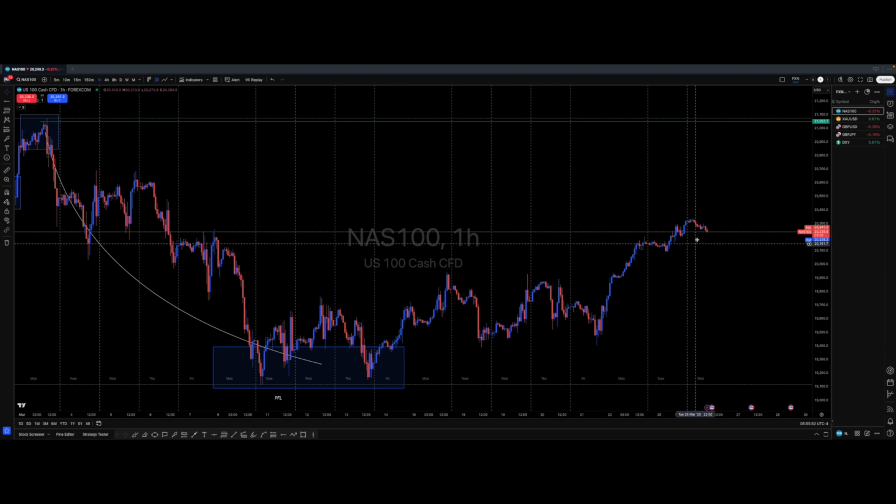Or, because we did have a full day of rise on Tuesday, we want to see whether price action stays above or below 20100. If price stays above 20100, then very likely this should lead into a trending cycle. We should still see buys. But if price breaks below 20100, then very likely this is going to turn into a market maker cycle where you had a midweek reversal.